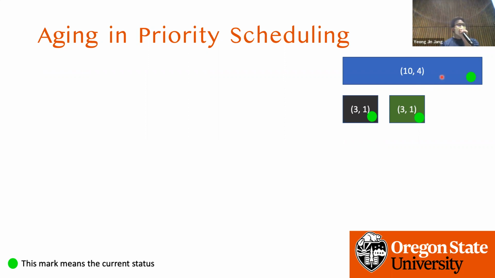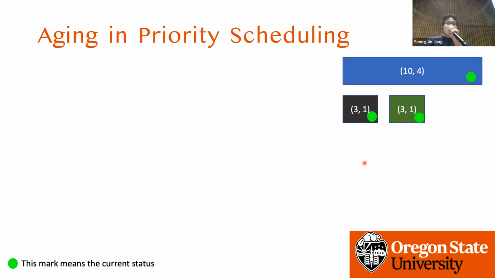And then the blue job requires 10 seconds to finish, and it has priority 4, the lowest priority. To schedule with priority scheduling, we could choose either one of these processes first, because both have priority 1.